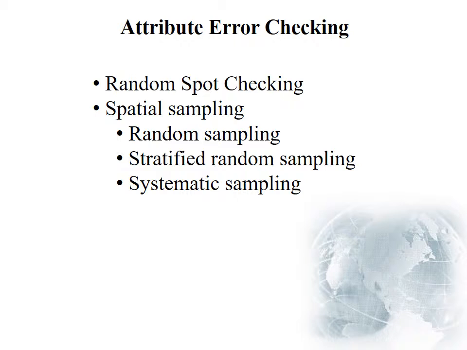So when we generate a map, the contents of the map are spatial attributes, some kind of environmental characteristic, physical environment, or human demographic environment, something about that. And so we want to know how well it matches what's out there. So we're going to go through an example of a type of attribute error checking in the next few slides.